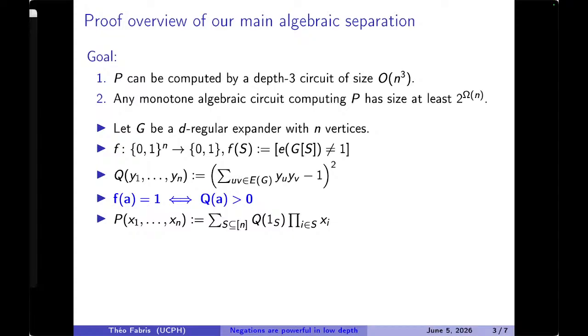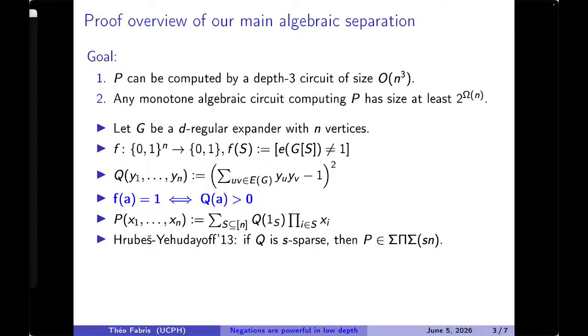And one nice thing about this polynomial p is that using that correspondence, we can see that there's a bijection between the support of this polynomial and the ones of the function. And this is one thing to keep in mind.